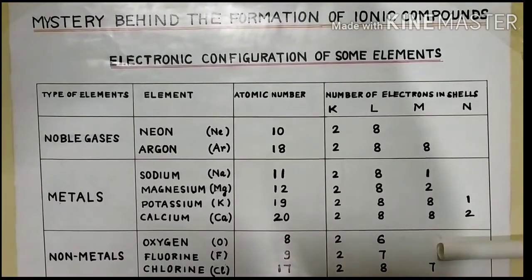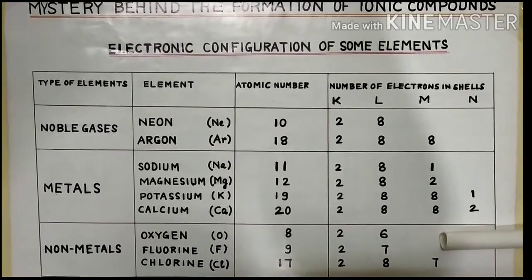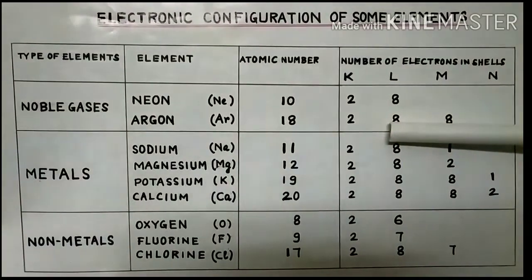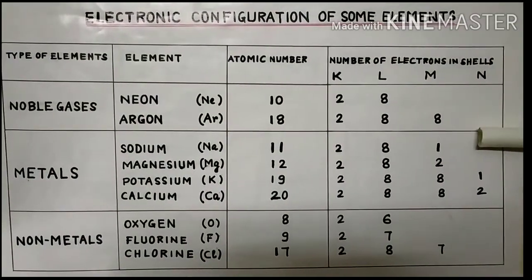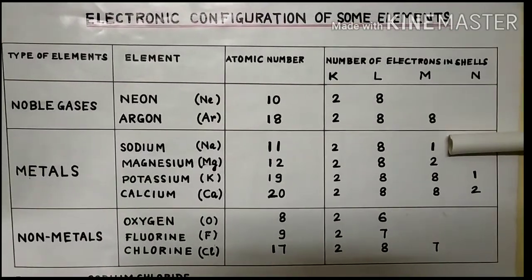Now, what will happen when sodium and chlorine react? See in the table, the sodium atom has 1 electron in its outermost M shell.